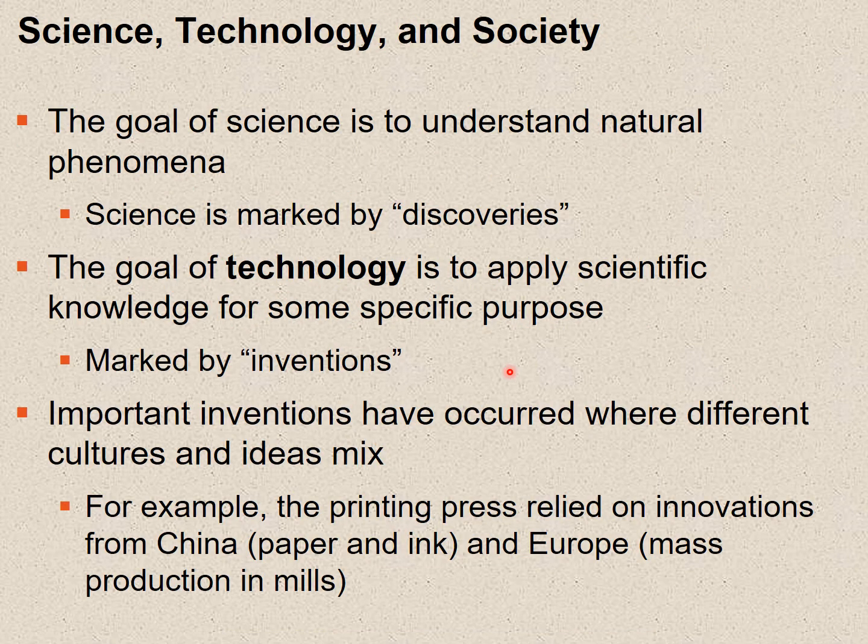So a couple of final thoughts, right? In terms of science, the goal of science is to understand natural phenomena. Science is marked by discoveries, and science and technology go hand in hand, except technology is marked by inventions. So we have discoveries and inventions. Okay, so discoveries are related to science, inventions related to technology.